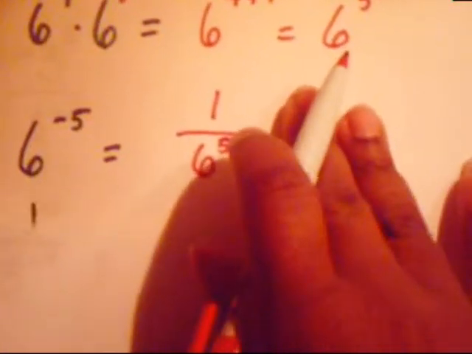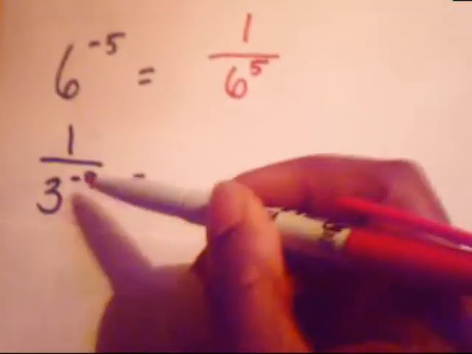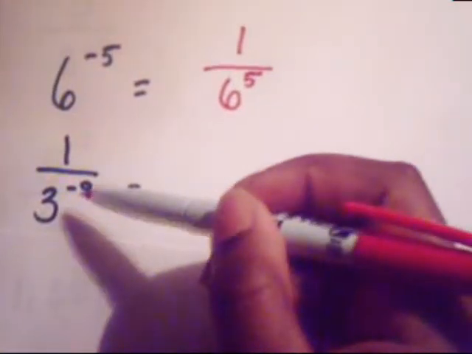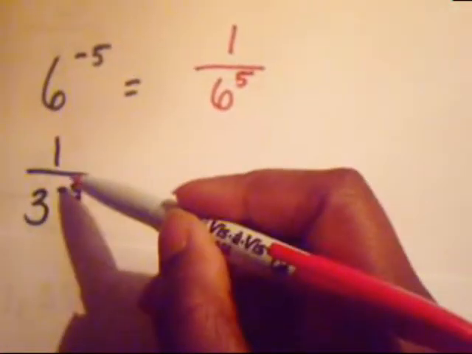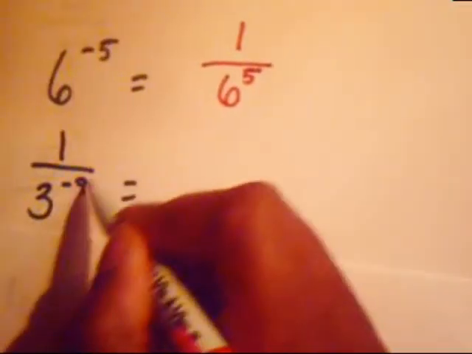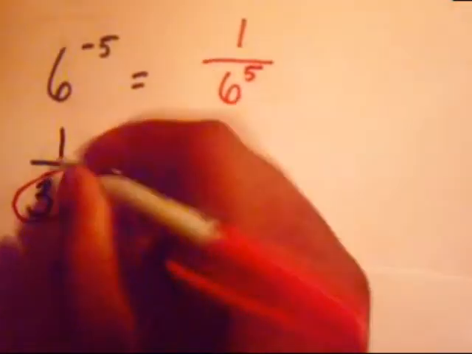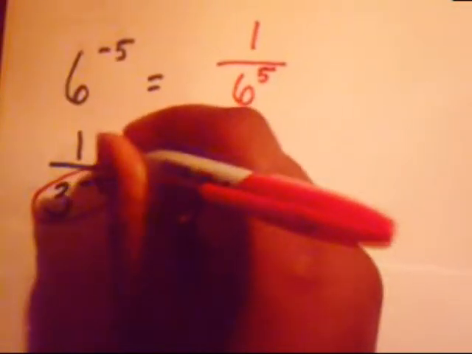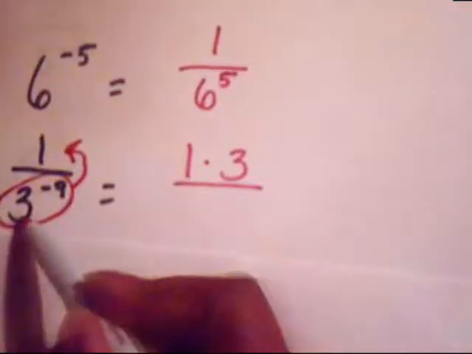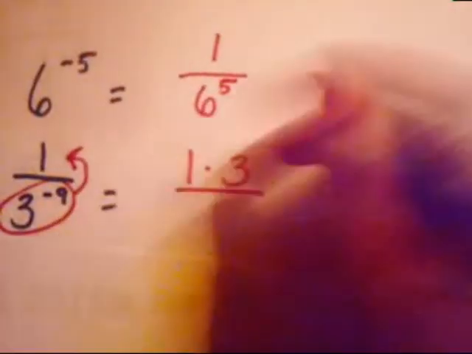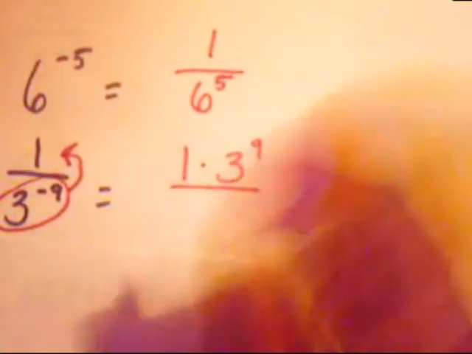Same thing, guys, if your number is already in the form of a fraction. I've got 1 over 3 to the negative 9th power. Well, I'm not going to create a new fraction bar. I'm just going to use the fraction bar that they've already given us, which means I'll take this 3 to the negative 9th power, and instead of creating a new fraction bar, I'll use this one and bring this up to the top. Okay? So what you have in the top is 1 times 3, base stays the same, and instead of having negative 9, it'll be positive 9.